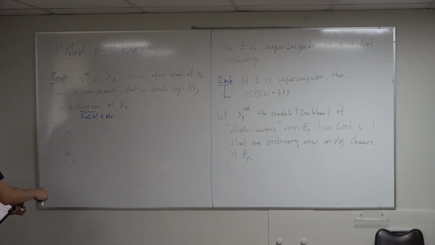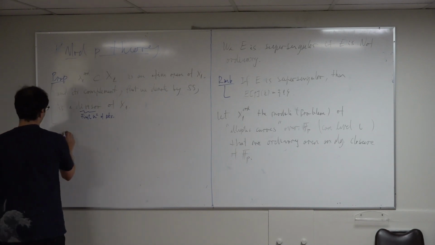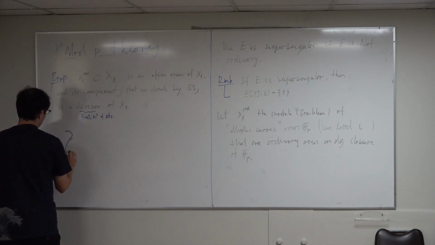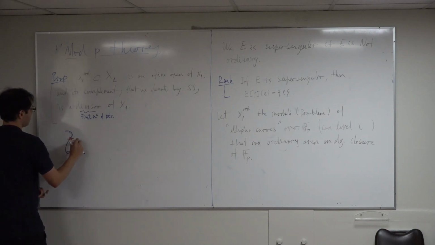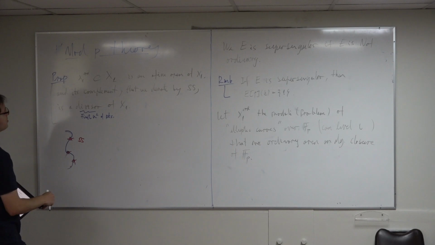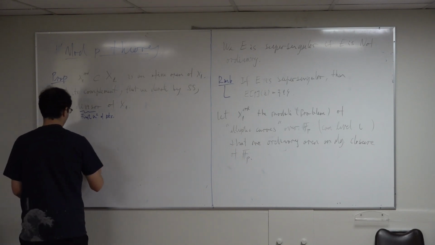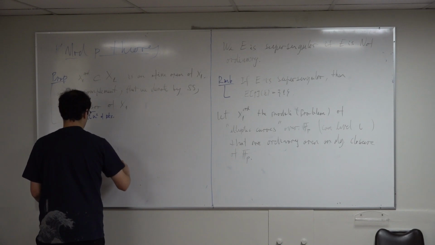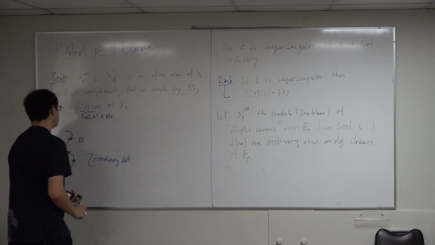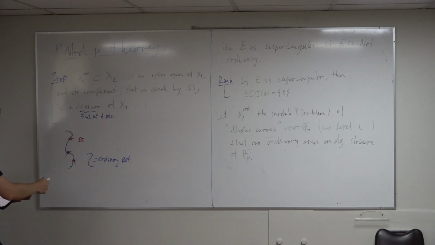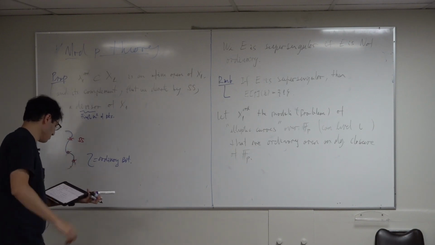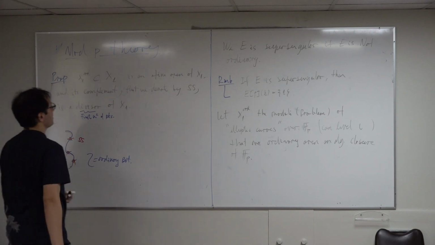Since it's an open set of X1, it should be a part of the curve but missing some points. The red ones are the supersingular, and the blue one is the ordinary part. This is just a small picture, but we will maybe elaborate more on pictures later.